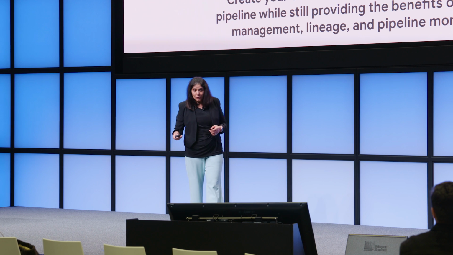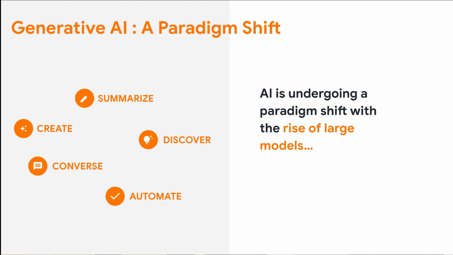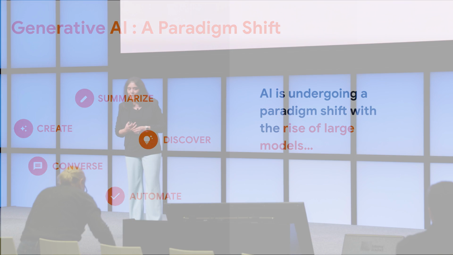So now, what about generative AI? How does that work? What does it mean in the new world of generative AI? I think we have all seen the talks in the morning. I was here for the BARD talk, and we saw how it is solving a number of different problems.